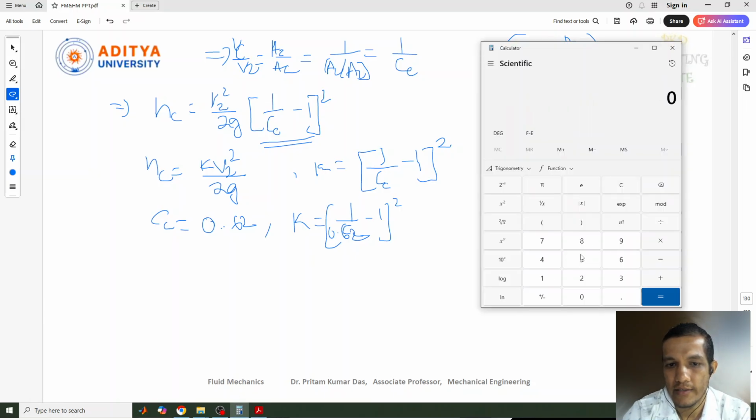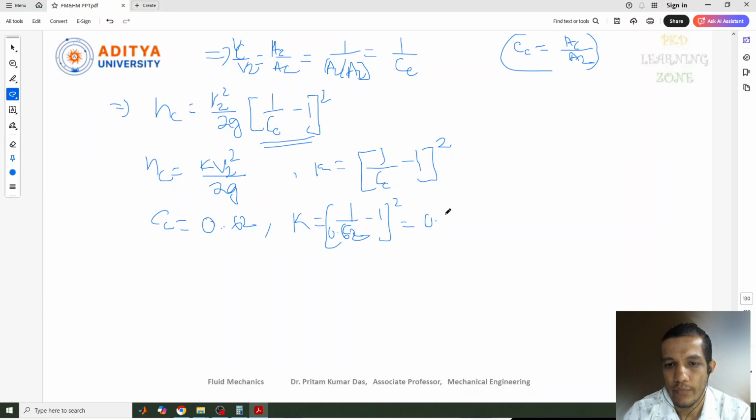Let's calculate this: 1 divided by 0.62 minus 1, and the square of this is 0.375. Just put the value in this. So we can write HC equal to 0.375 V2 square by 2G.